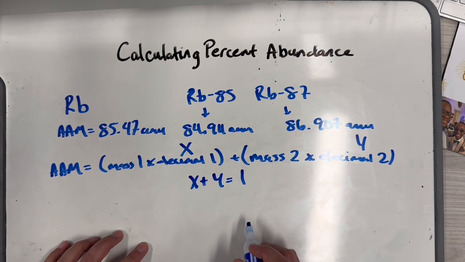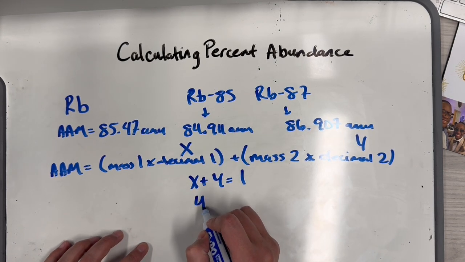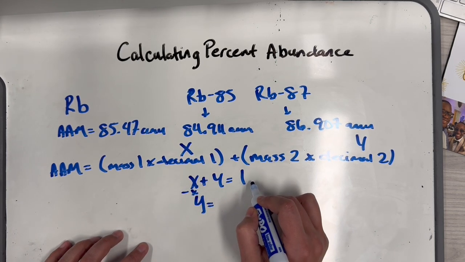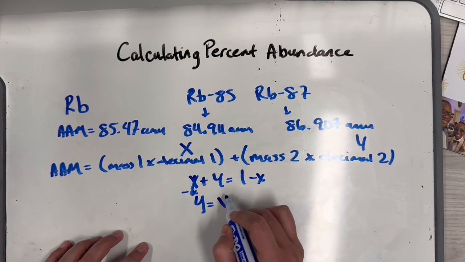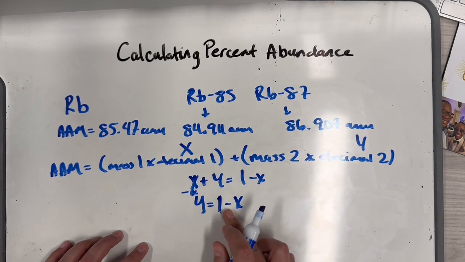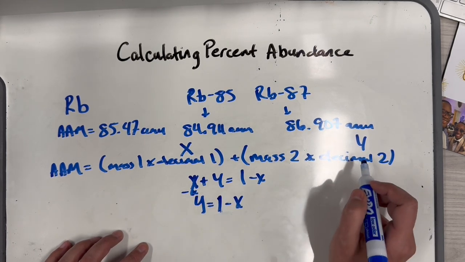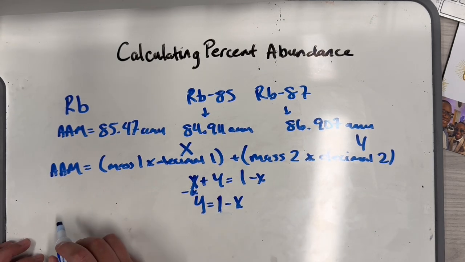So if I were to solve this for y, because I would have to use a system of equations, I would subtract x from both sides. y is equal to 1 minus x. And so wherever I see y, I can plug in 1 minus x.